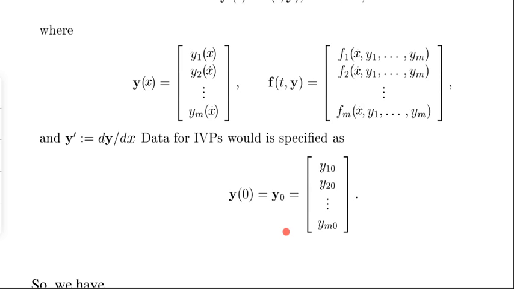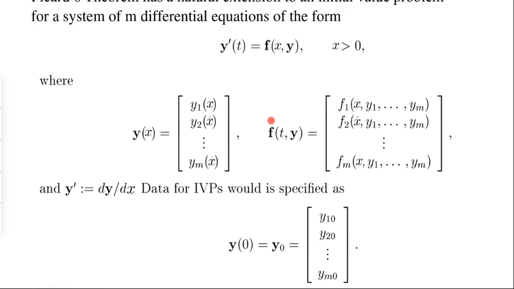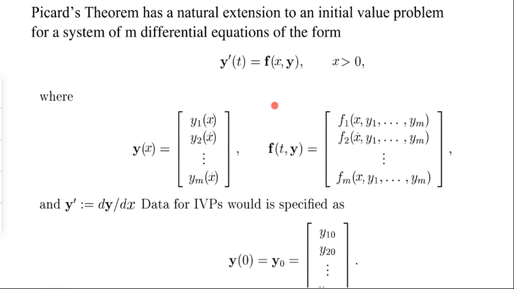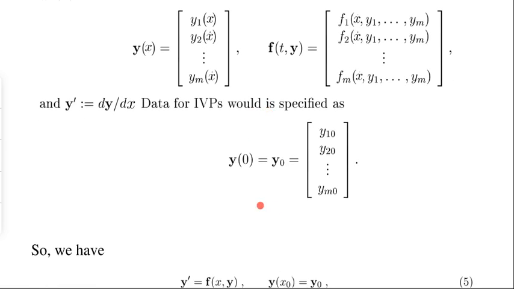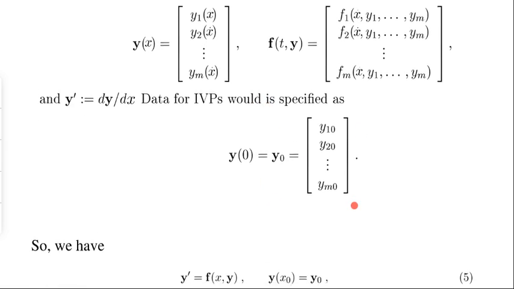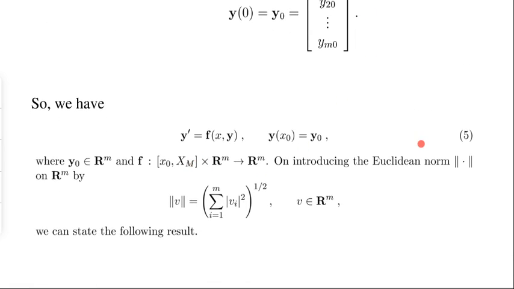So here we have a vector ordinary differential equation subject to this vector of initial values. We want to solve this problem: y prime equals f of x and y, subject to y at x0 equals y naught.